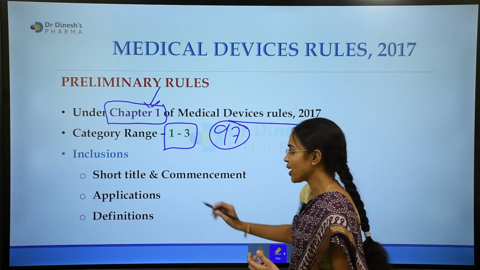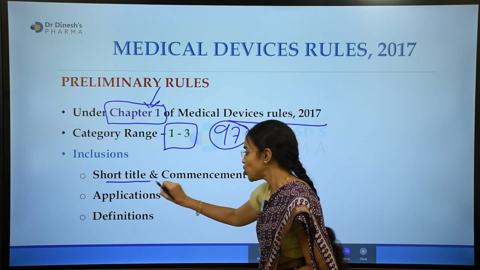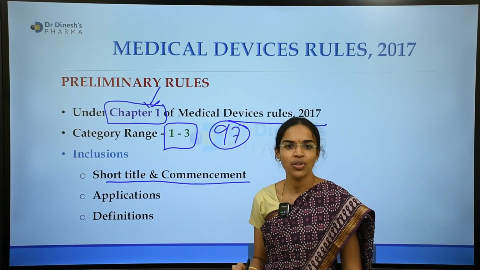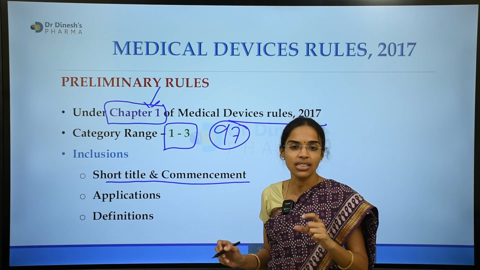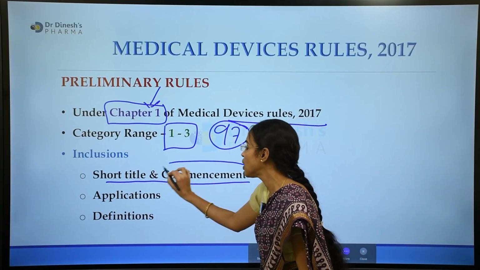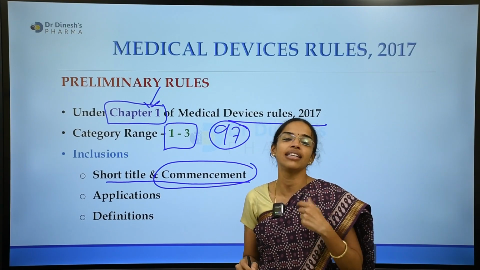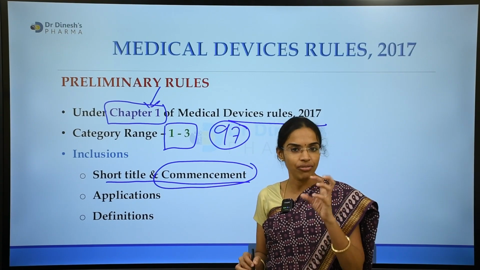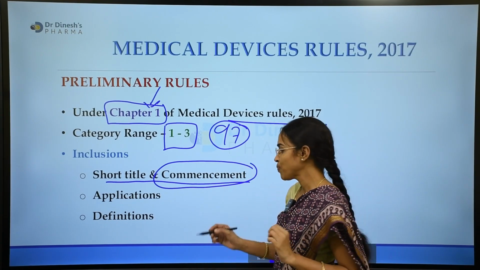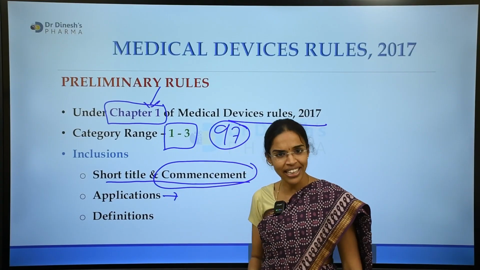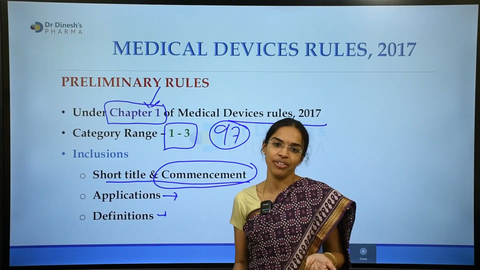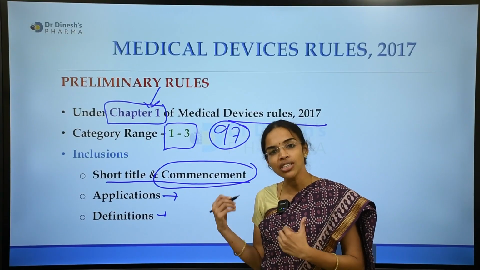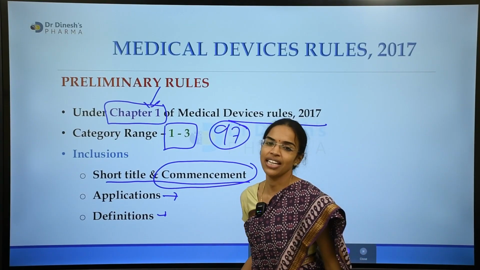The inclusions are the short title and commencement, that is the title of the rules and from when the rules commence. The second part is the application and the third part is the definitions. We will deal with each of them in detail.